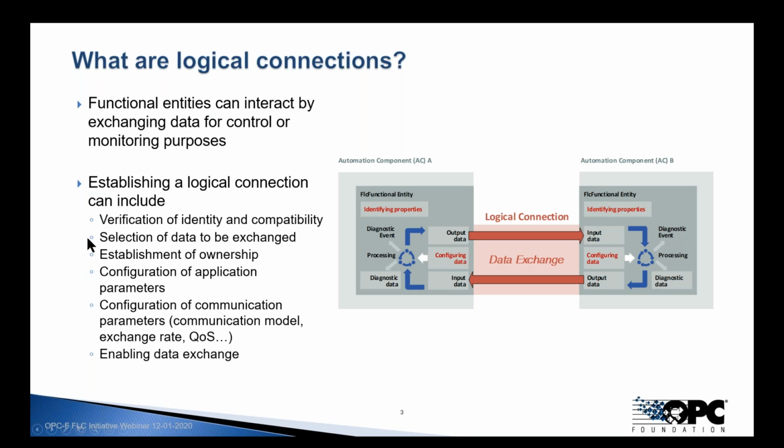We do all these checks on this connection endpoint and also on this connection endpoint. And last but not least, we enable the data exchange so that the data is flowing between the functional entities.